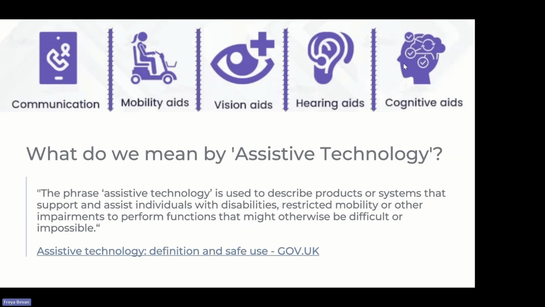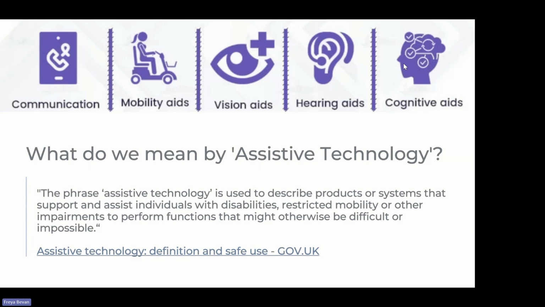You can have, for instance, low-tech assistive technology, which are things like coloured overlays, pen grips, it could be digital visual timers, things like that, and also your high-tech assistive technology. For the sake of this presentation, I'll be looking at that high-tech assistive tech.